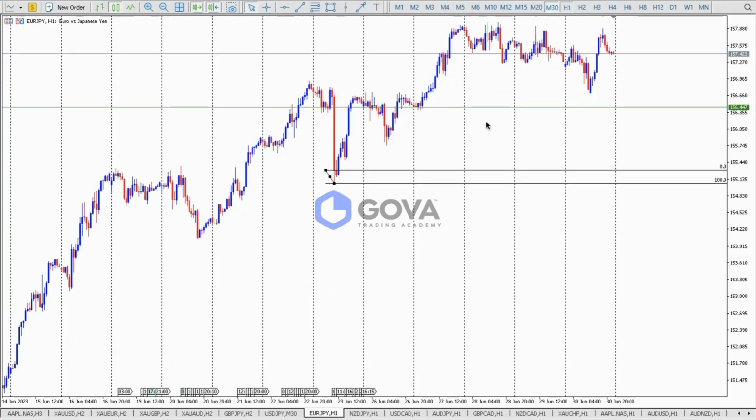It means that my first zone is here. My second zone is here. So you can see I mark my distal line here and my proximal line at the opening of the bearish candle. Okay.